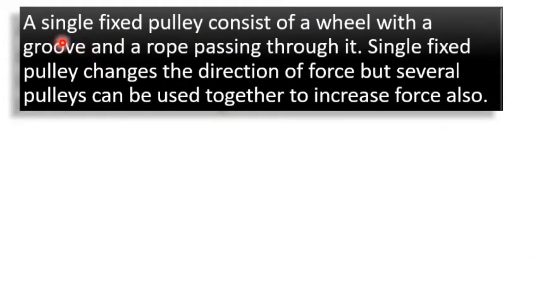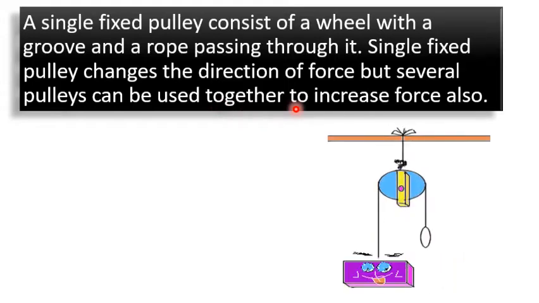All the pulleys cannot work the same way. A single fixed pulley consists of a wheel with a groove and a rope passing through it, as we just discussed. A single fixed pulley changes the direction of force, as I told you, but several pulleys can be used together to increase the force as well. Here you can see the single pulley, which is just used to change the direction of the force.